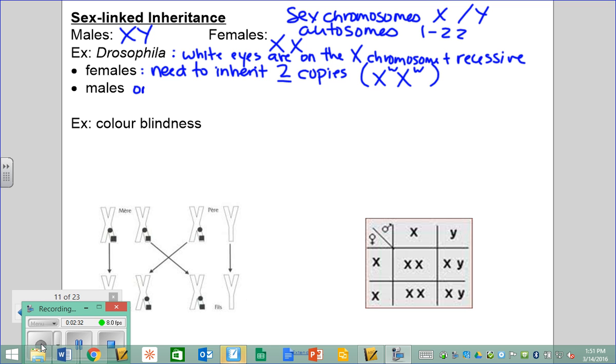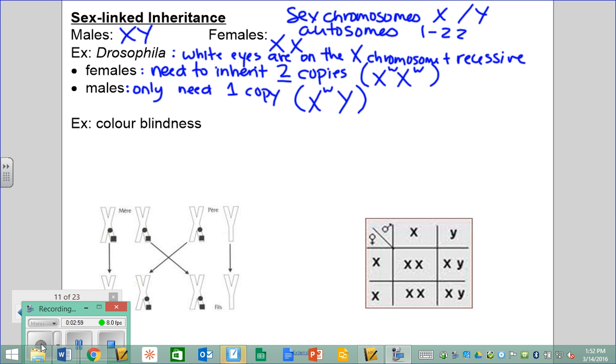Males only need one copy. Now here's why. Females have two X chromosomes. For them to get a recessive characteristic, they can't have the dominant version on their other X chromosome. They absolutely have to have two copies.